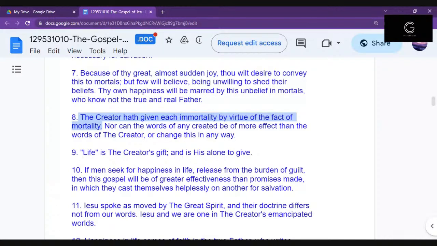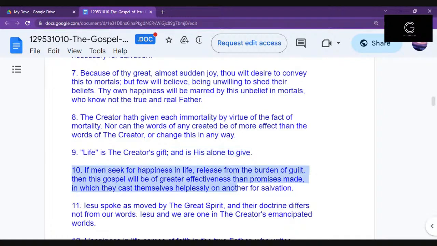Nor can the words of any created be of more effect than the words of the Creator. Damn. Life is the Creator's gift and is his alone to give.